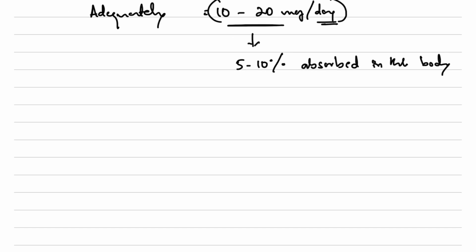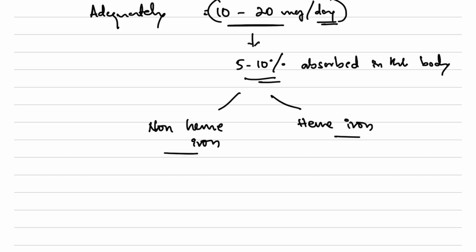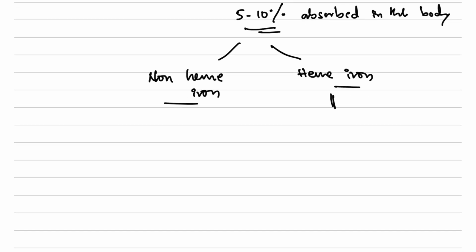How is it absorbed in the body? Basically we have two types of iron: the non-heme iron and the heme iron. What are they? Heme iron is the iron content that comes directly from the destruction of hemoglobin.